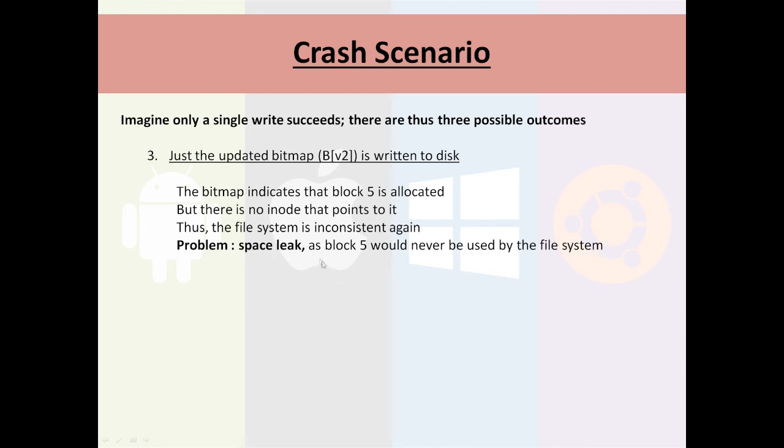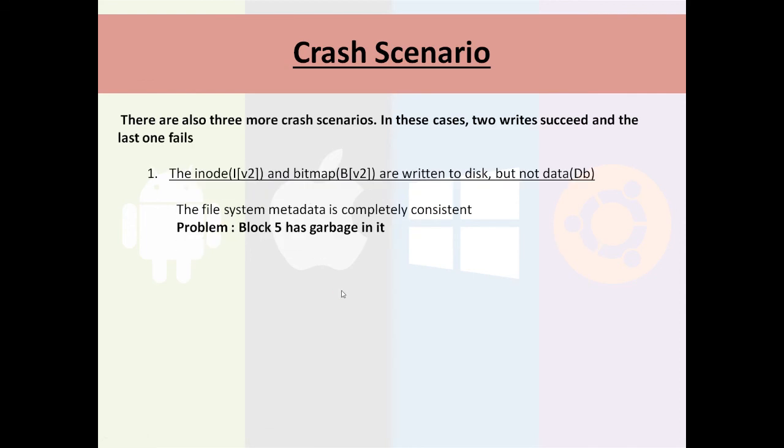So that's if only one of these occur, but obviously there's the cases where 2 out of the 3 writes are successful and the last one fails. So in this example number 1 here, the inode and the bitmap are written to disk, but the data isn't written.